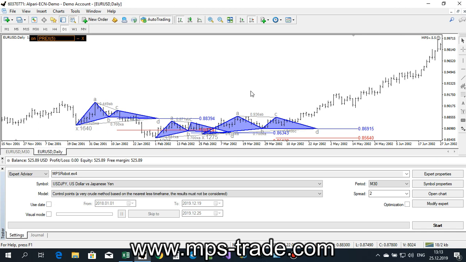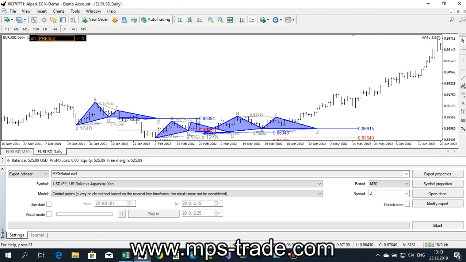So my positions, if they were 0.1, 0.2, 0.3 with a $500 account, will be 0.2, 0.4, 0.8 if I double my account. So double account, double positions. Very simple money management.